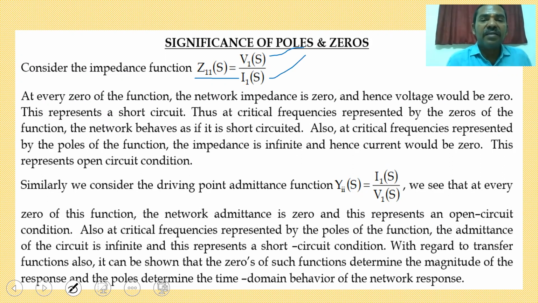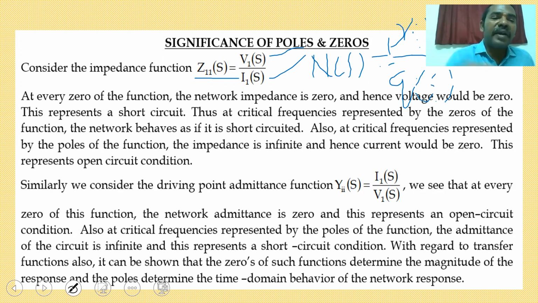That is N of S is equal to P of S by Q of S. For finding the zeros, what you have to take? The numerator is equal to 0. Numerator equal to 0 means voltage is short circuited. Under voltage short circuited, the critical frequencies are represented as zeros.